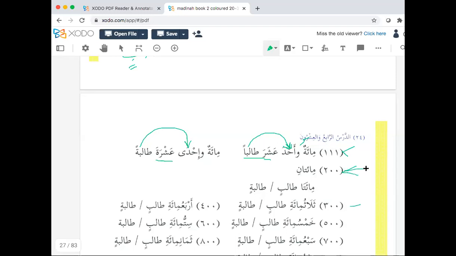200. أيوه. مئة طالب، مئة طالبة. So not مئة but مئتا. مئتا طالب and مئتا طالبة.